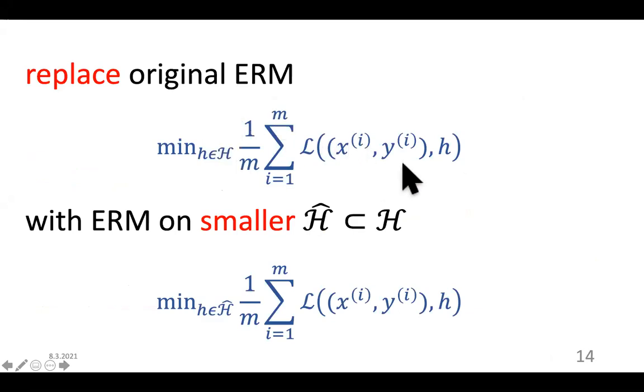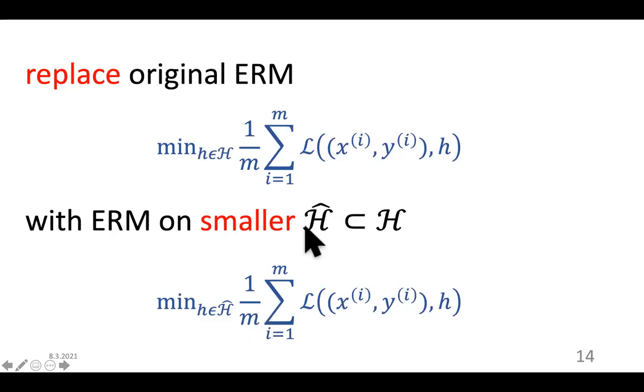Instead of solving the original learning problem, finding the best weights for all 9 features, I just looked at all the weights using the first 6 features. So this is a subset. I replaced the original learning problem with another learning problem on a smaller, or I call it pruned, model. I made the hypothesis space smaller.